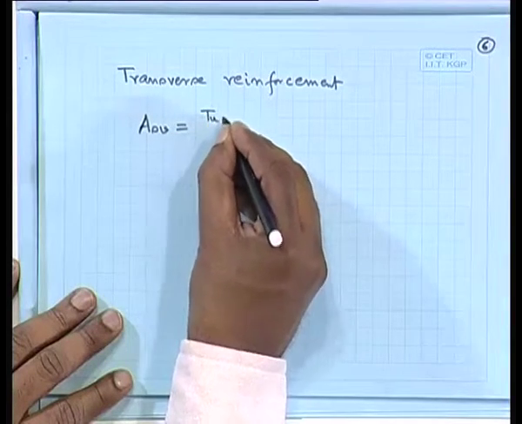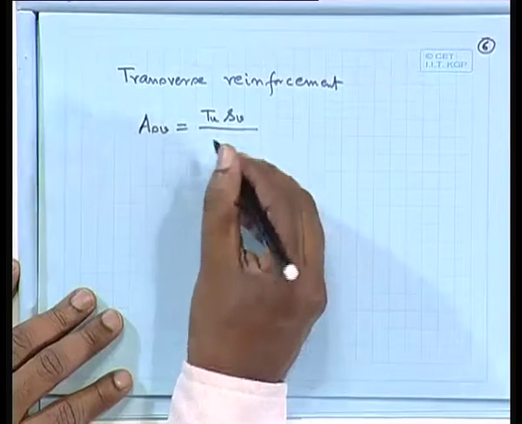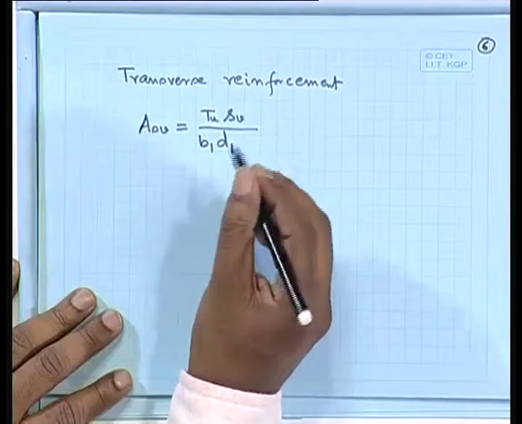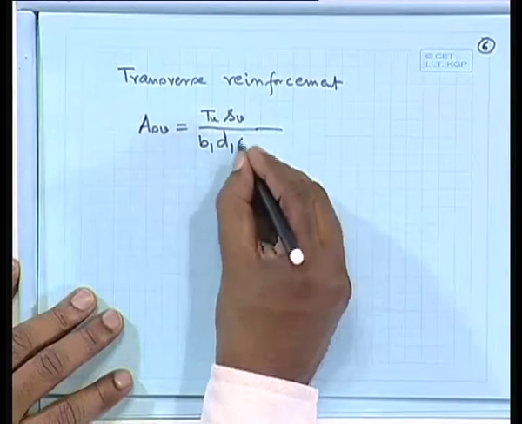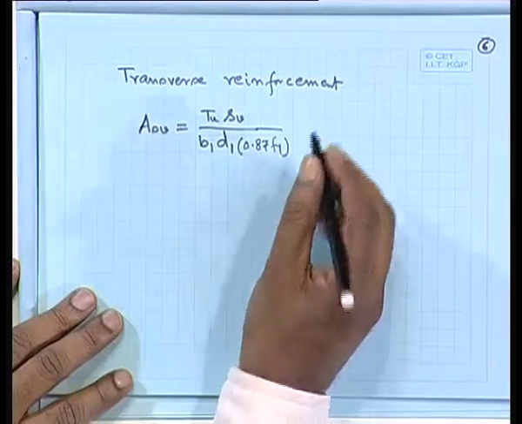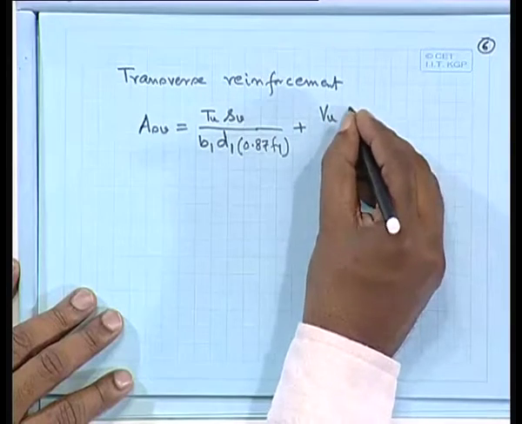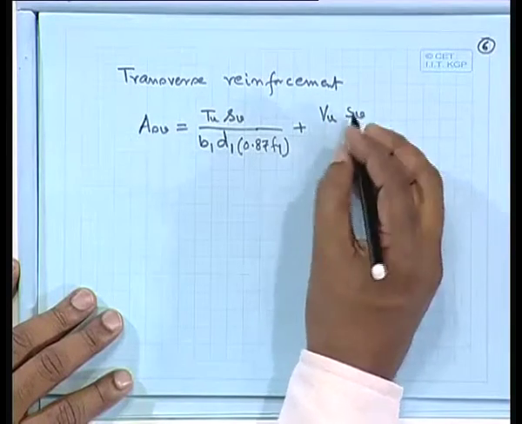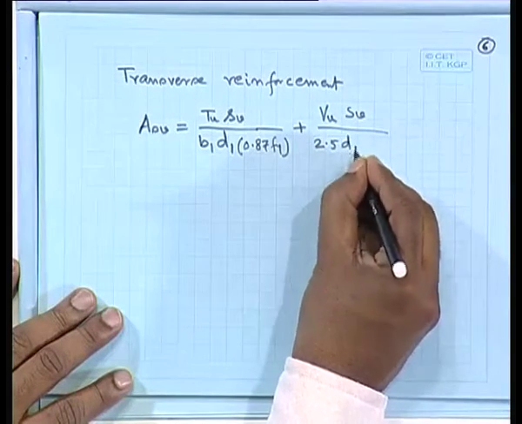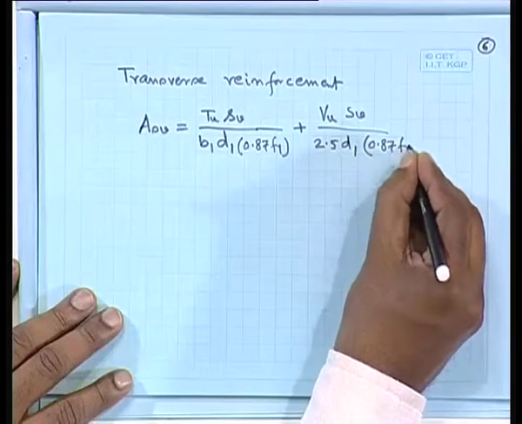It says Tu by Sv, where Sv is the spacing of stirrups or web reinforcement, b1 d1 times 0.87 fy, plus Vu Sv divided by 2.5 d1 times 0.87 fy.